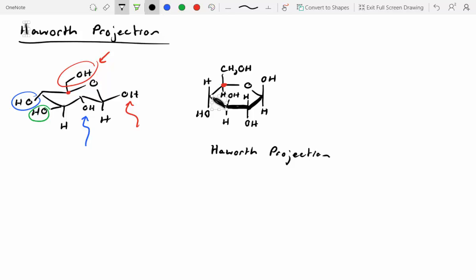Specifically, this is the Haworth projection for beta D-glucose, because this OH group isn't in the axial position, it's sticking in that equatorial position.